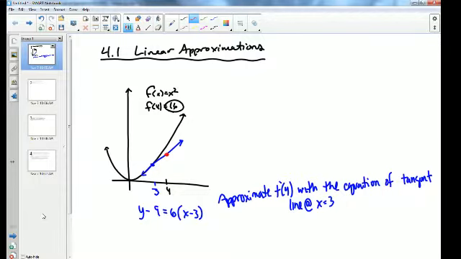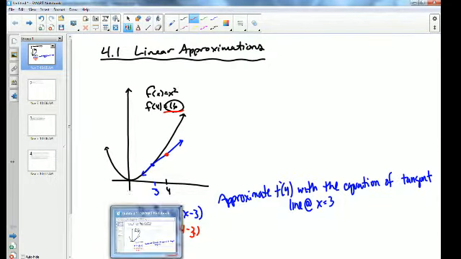All right, so plug 4 in. 6 plus 9 is 15. It's close, right? You can compare those two values as very close.